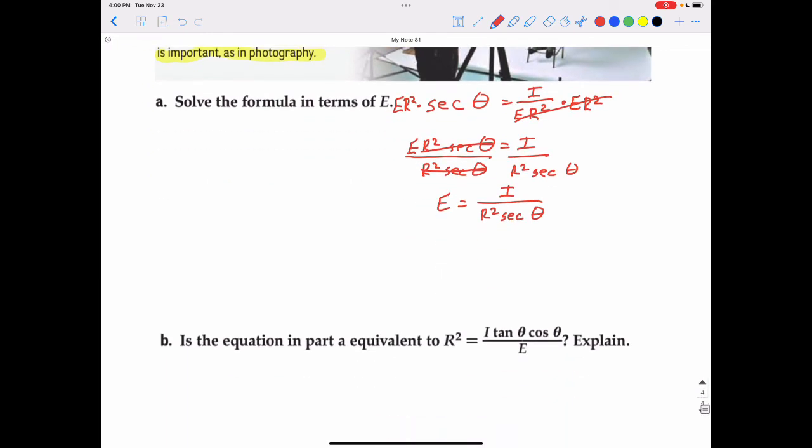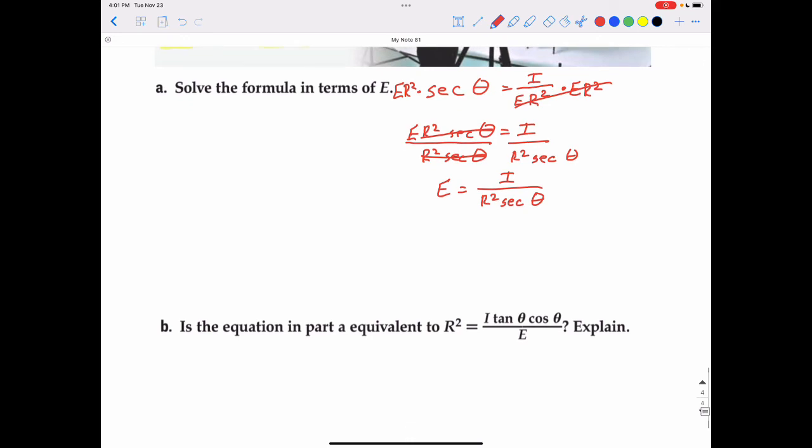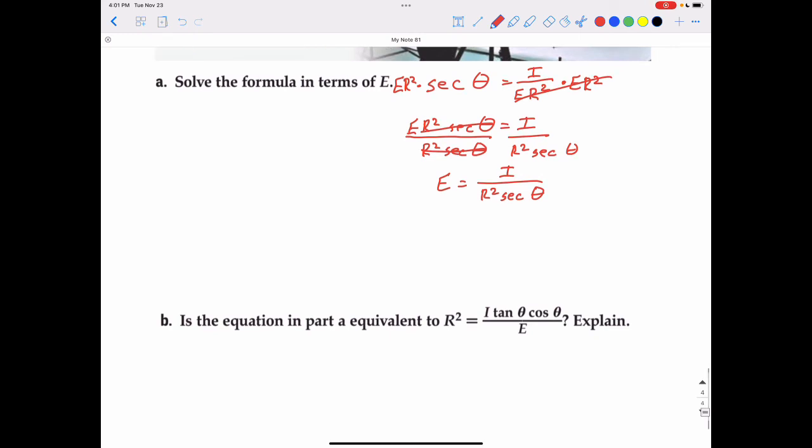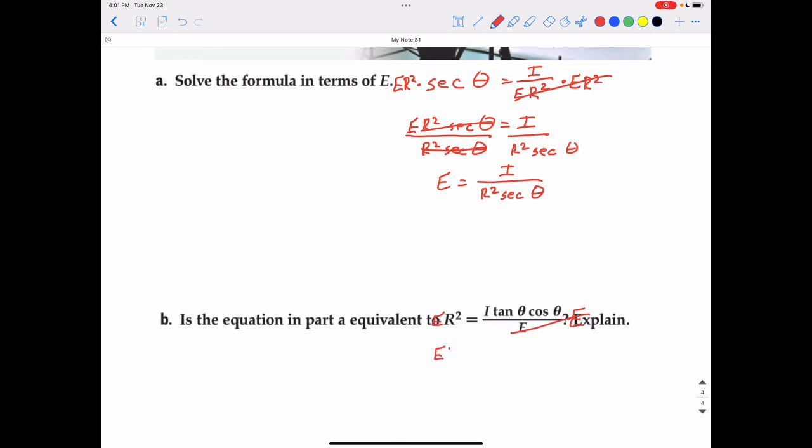Part B, is the equation in part A equivalent to R squared equals I tangent theta cosine theta over E, and explain. Okay, well, I'm going to first start by trying to solve that for E, just like the other one. So to solve that for E, it would be a matter of multiplying both sides times E to cancel out the E's. So that would give me ER squared equals I tangent theta cosine theta.